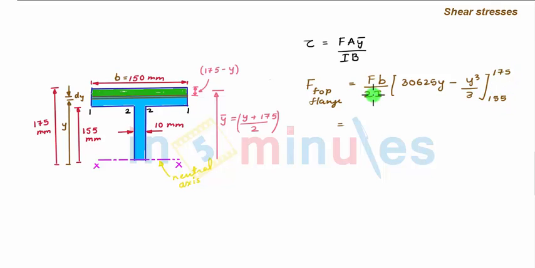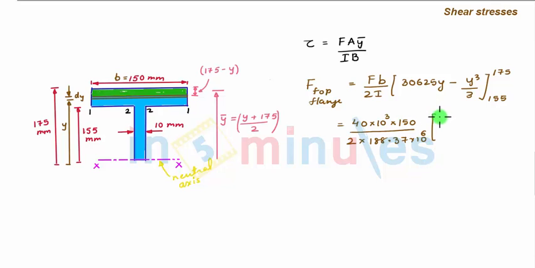Now upon applying the limit and substituting the values, we get F of top flange is equal to F, which is the total shear force, 40 into 10 to the power 3, multiplied by the width of the layer, 150 mm, upon 2 into I, which is 188.37 into 10 to the power 6.